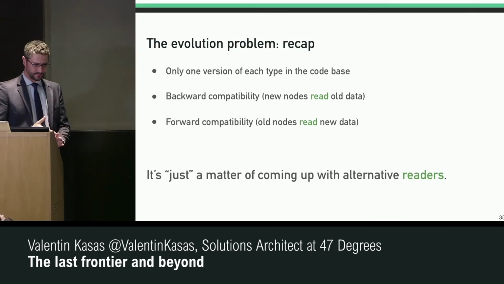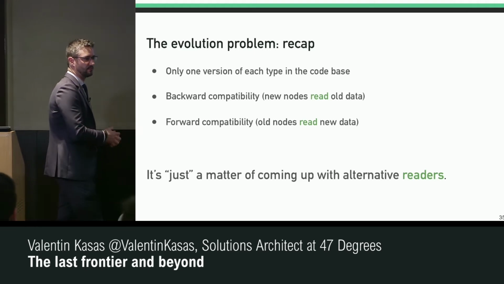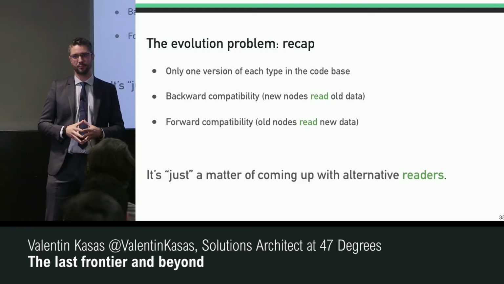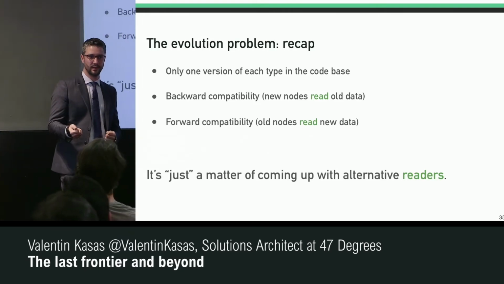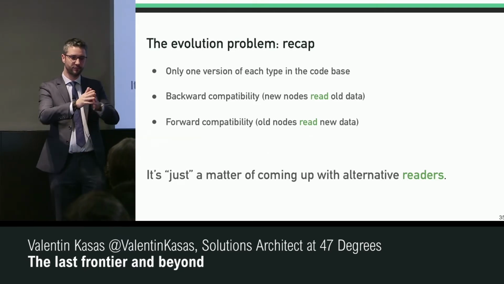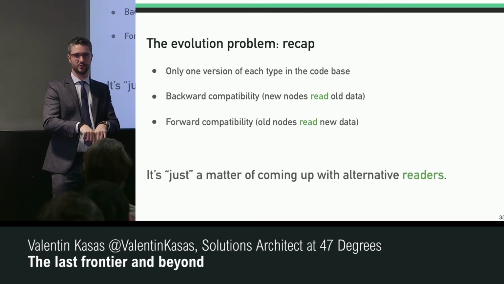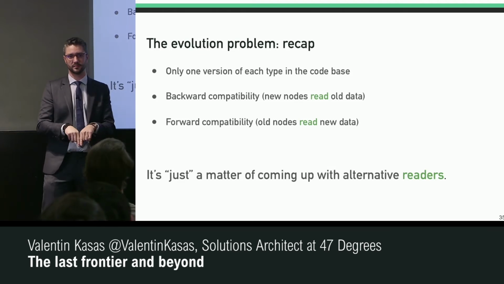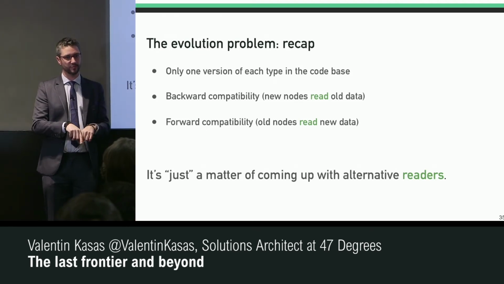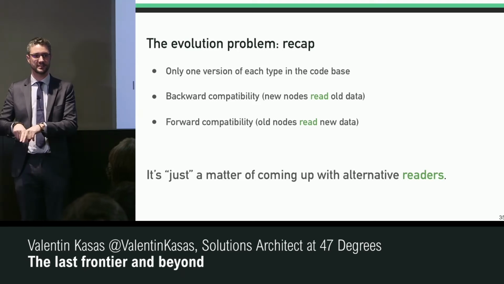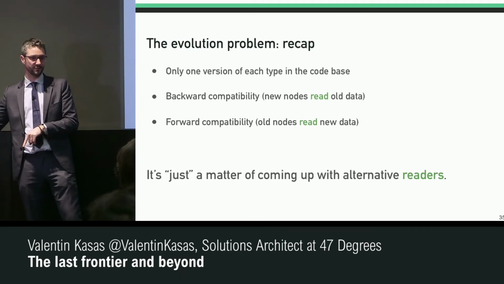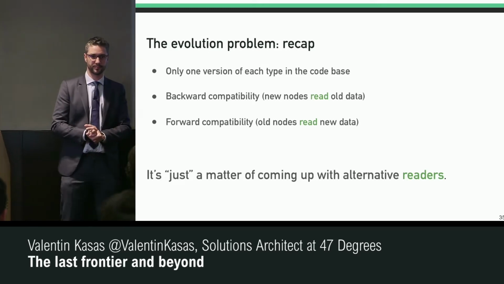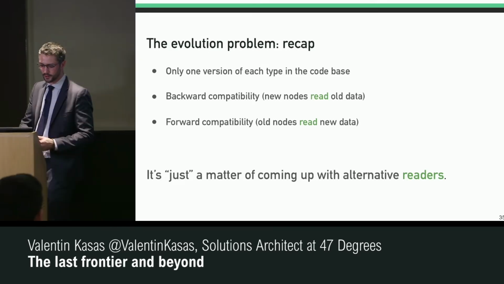In fact, you can answer backward compatibility by coming up with alternative readers for the data. That is, if from the current version of your event in the code base, you're able to derive a reader that is capable of reading the old representation of the event, you're good to go. So how do we do that?